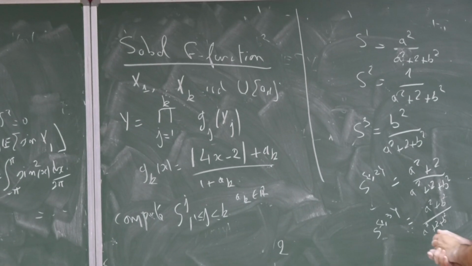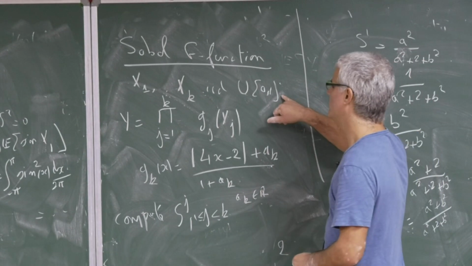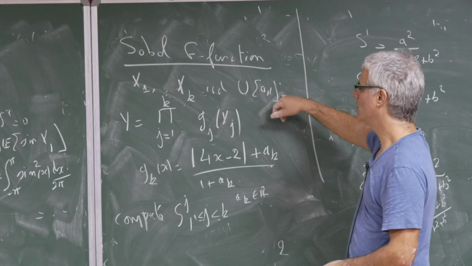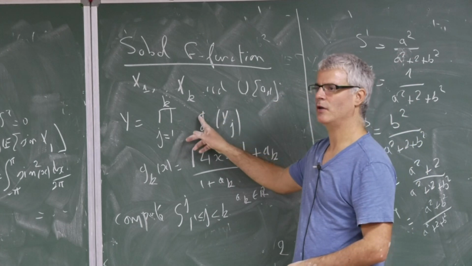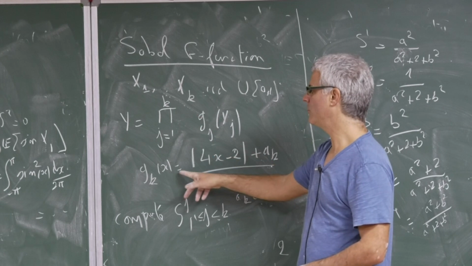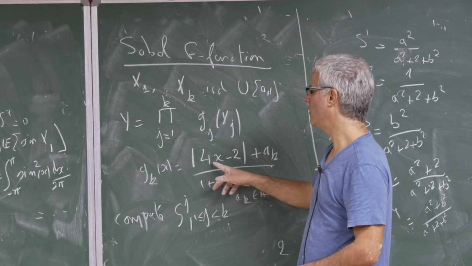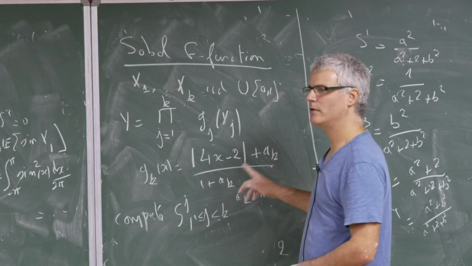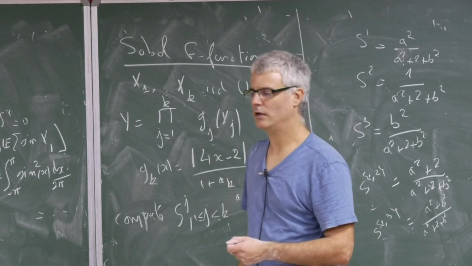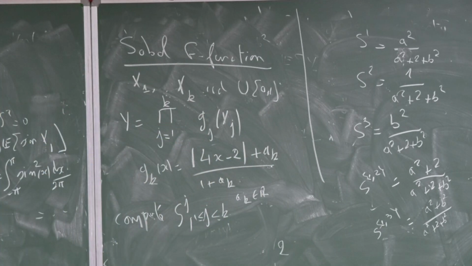So you take here random variables uniformly distributed on 0 and 1. You consider a function that is a product function, and each of the factors is the absolute value of 4x minus 2, plus some parameter, divided by 1 plus the parameter. And again, in that case, it is possible to compute explicitly the Sobol indices.